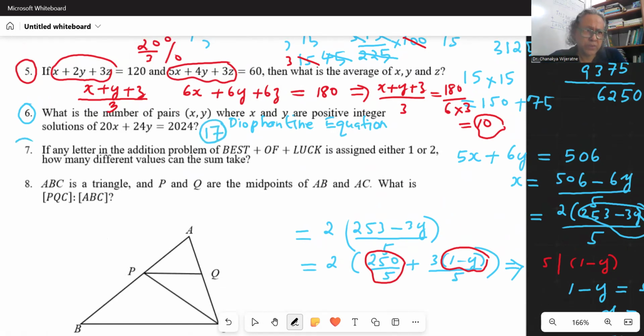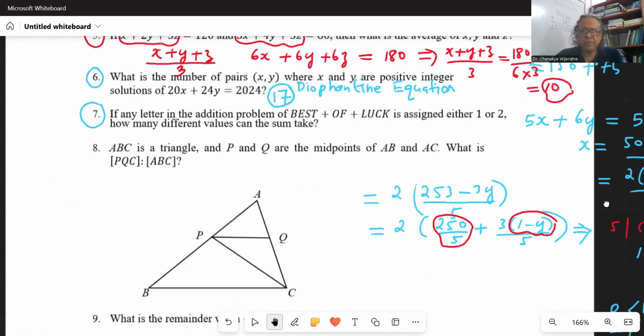All right. So let's go to number 7. If any letter in the addition problem of best plus of plus luck is assigned either 1 or 2, how many different values can the sum take? All right.